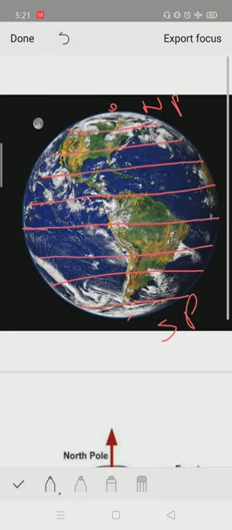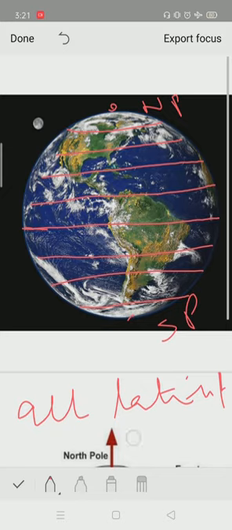So all latitudes are not equal. You will remember this much, it's pretty easy, right?